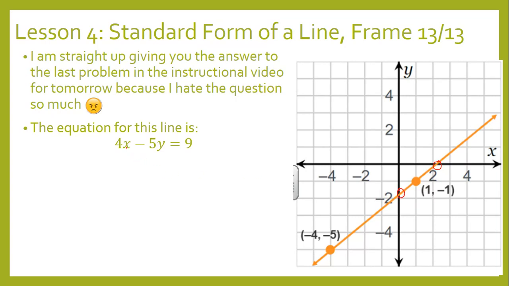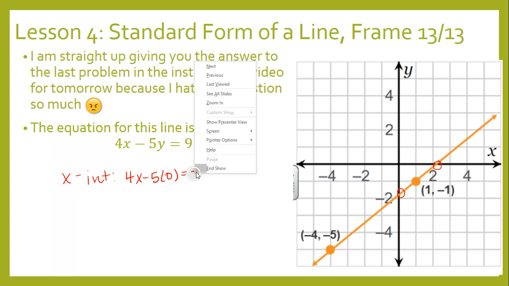I feel confident that by giving you the equation in standard form, you're capable of finding your x-intercept and your y-intercept. So again, to find the x-intercept, you're going to substitute 0 for y because you're not going up or down if you're on the x-axis. I'm trying to draw a line, not a circle. Calm down.